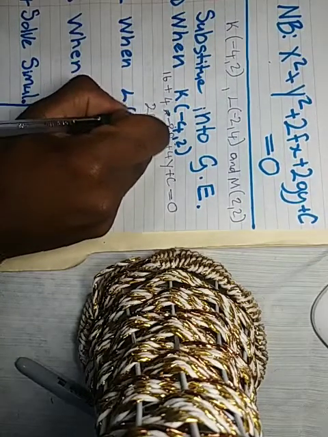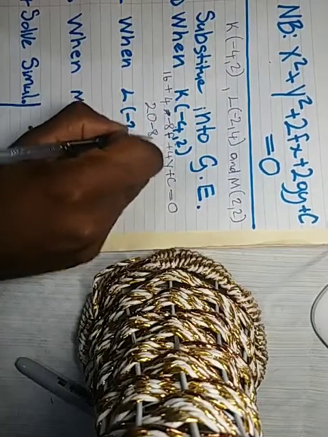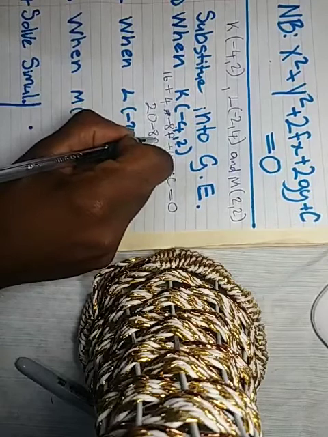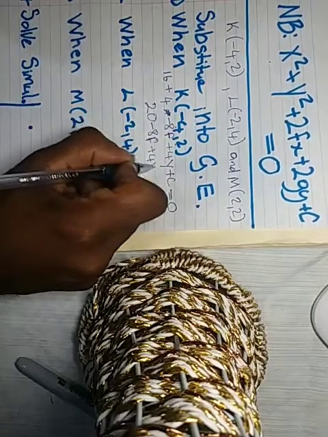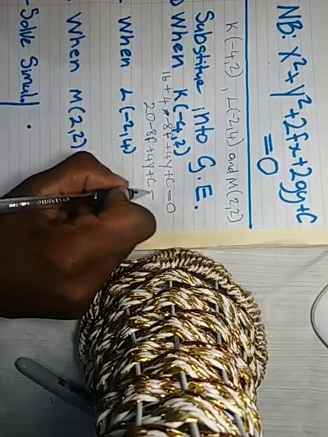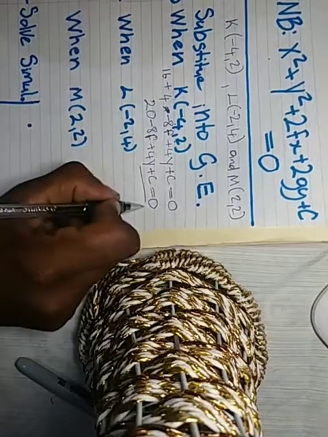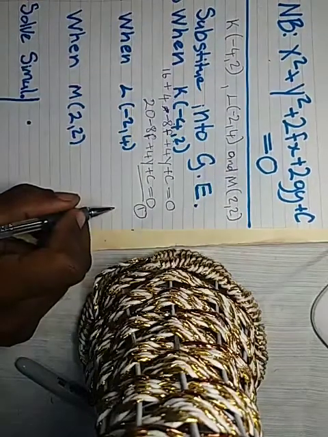Simplify, we end up with 20 minus 8f plus 4g plus c is equal to 0. Let's call this equation 1.